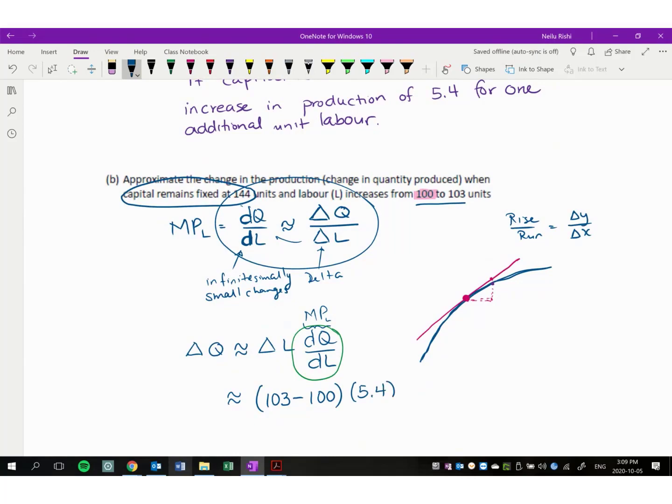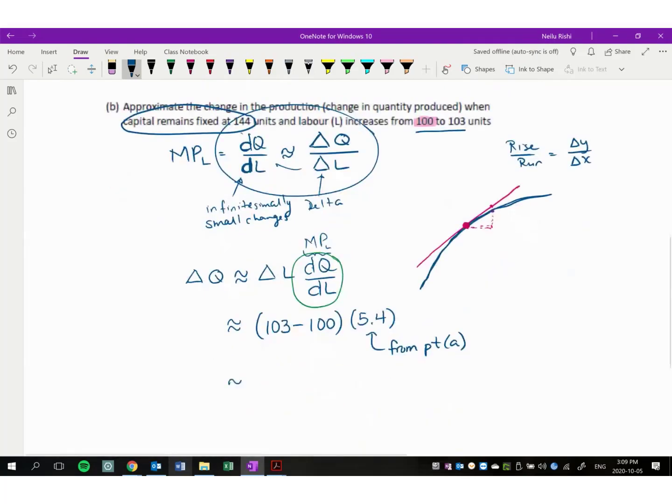That's from part A. And that's going to give me 3 times 5.4, which is equal to 16.1. So that's my estimate for the change. Oh, sorry, 16.2. That's my estimate for the change in production.